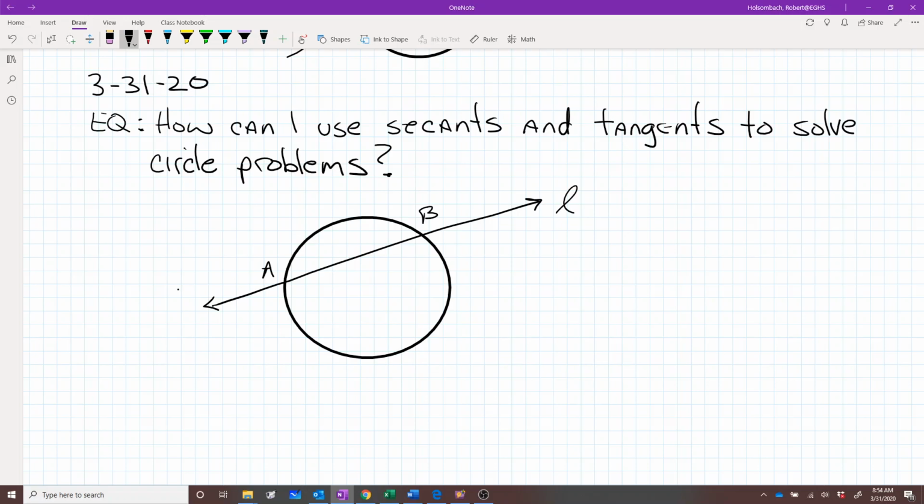Well, we're going to be working with tangents as well today, and a tangent is a line that intersects a circle in exactly one place, and we could call this point C right here.